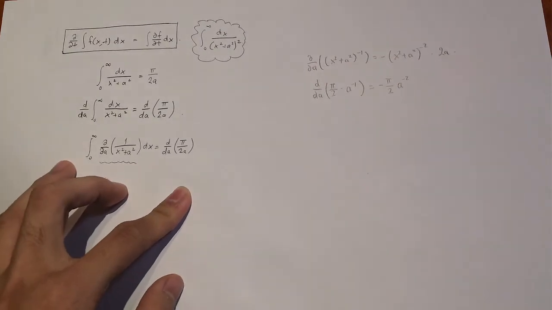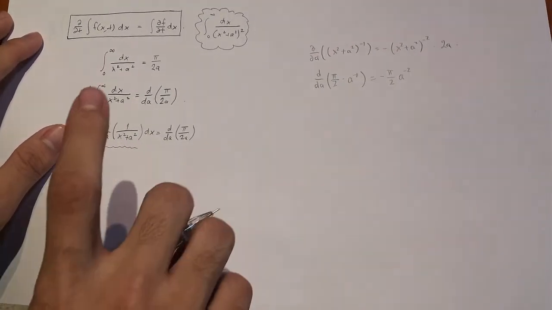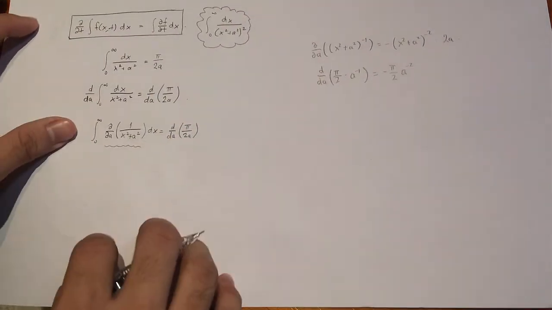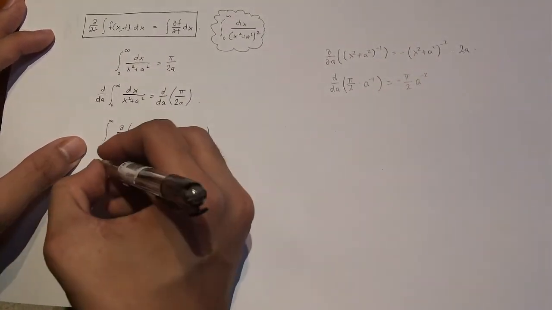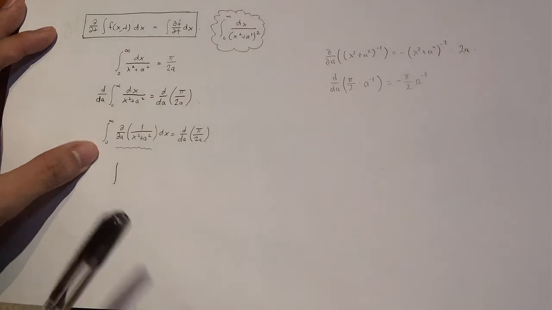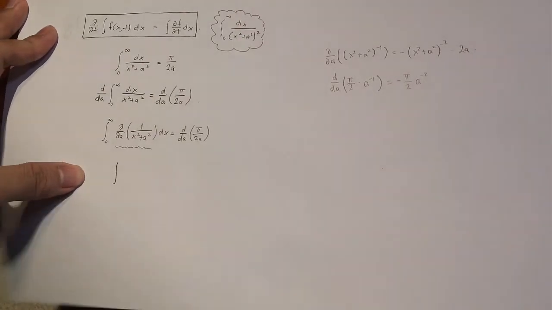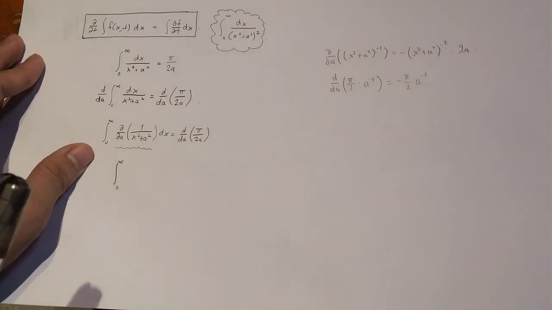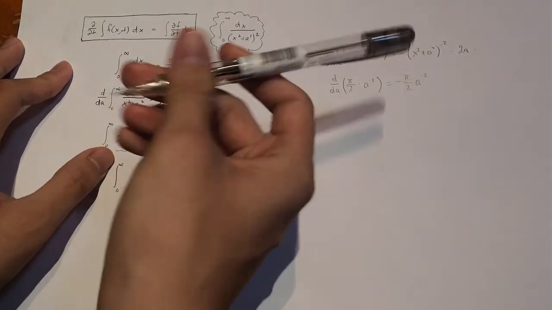So now I can rewrite this whole bit over here according to this result that we have. This expression here would become the integral from 0 to infinity, and this bit would be rewritten as that.